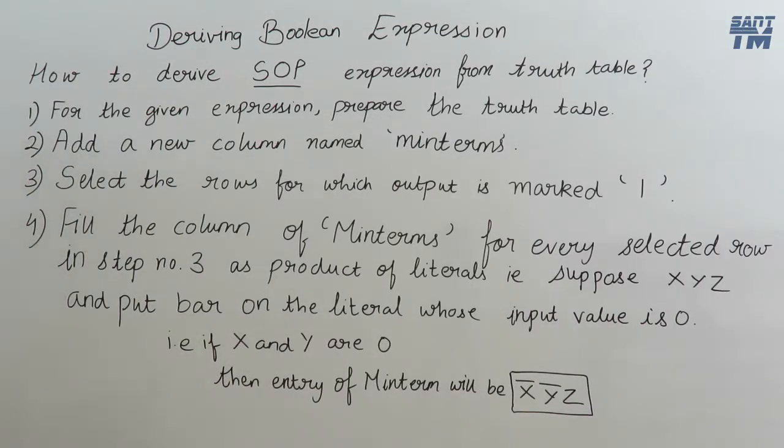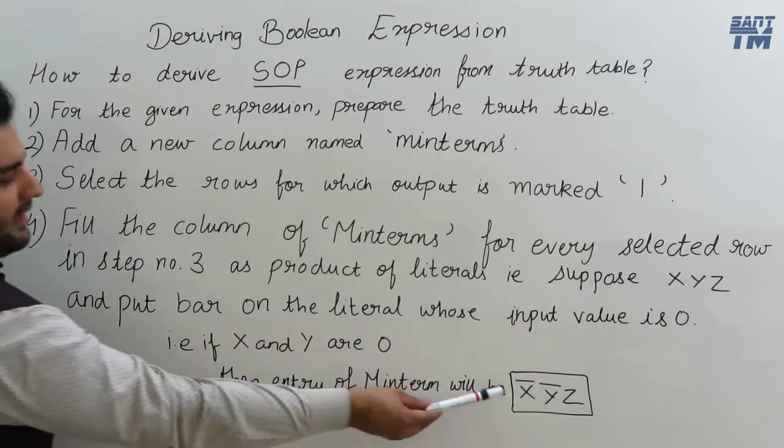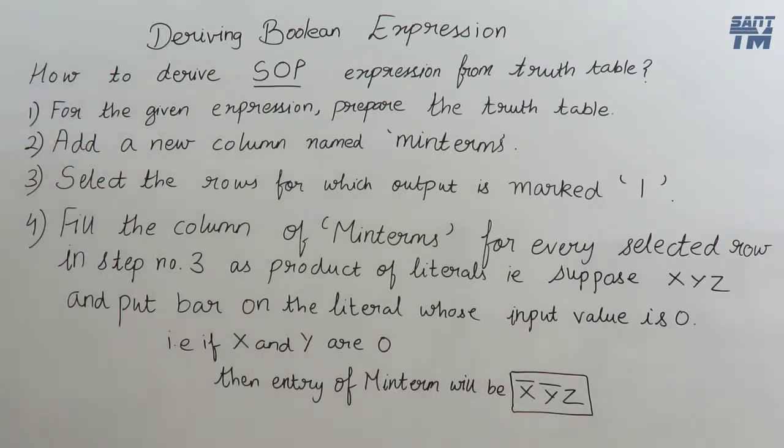Entries will be like x, y, z, and we decide them by looking at the values of x, y and z in the truth table. If there is a 0 for any of x, y or z, we put a bar on that literal. Suppose x and y are 0 in that row, then the entry will be x bar, y bar, z. The thing which is 0 will be marked with a bar. This is the theoretical explanation.